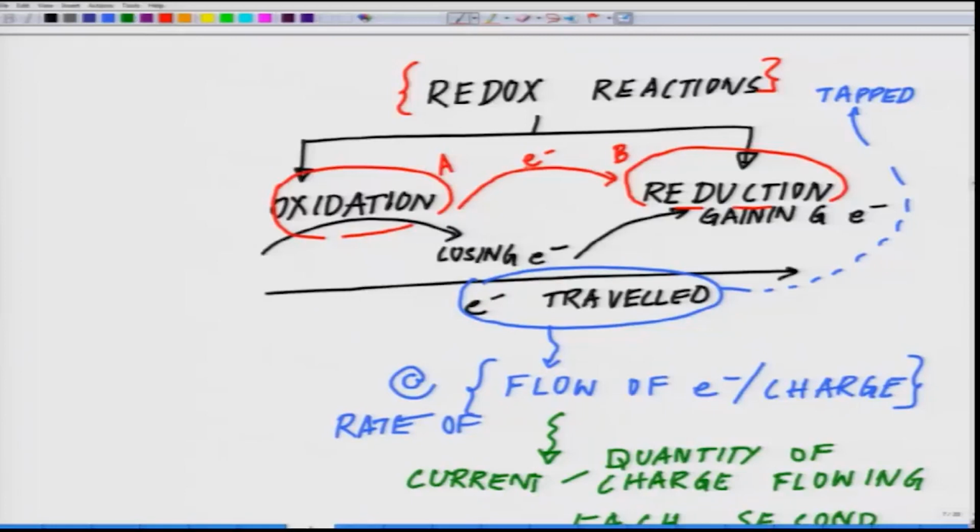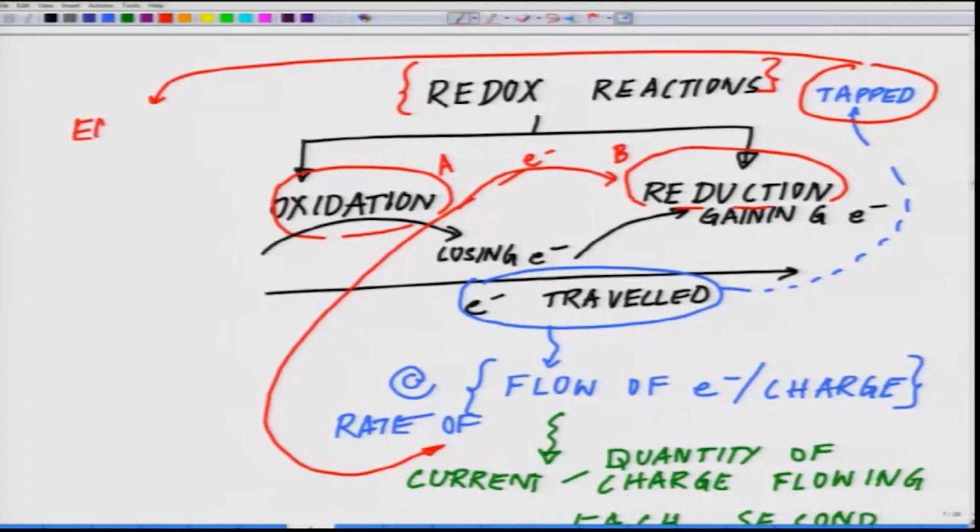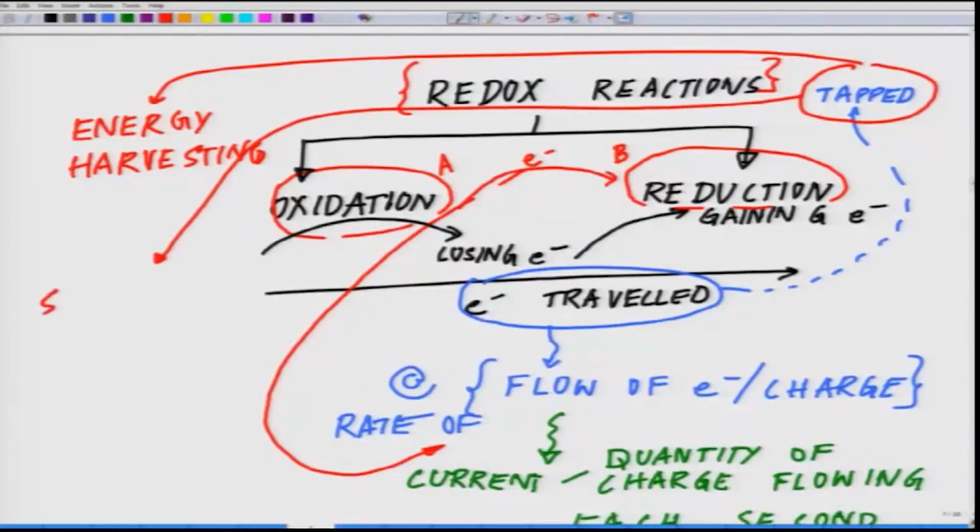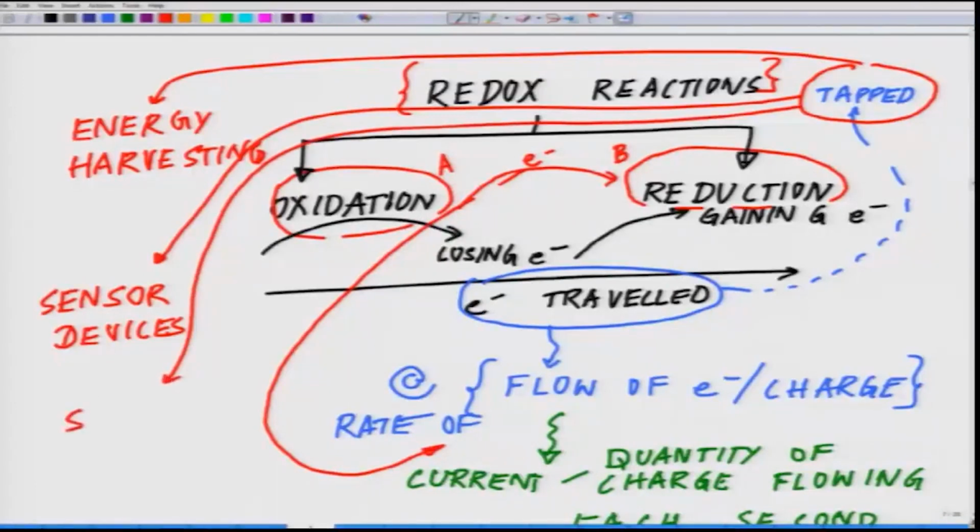This electron transfer could be evaluated as flow of current across these species and could be tapped for energy harvesting, for sensor devices, or stored for other work.